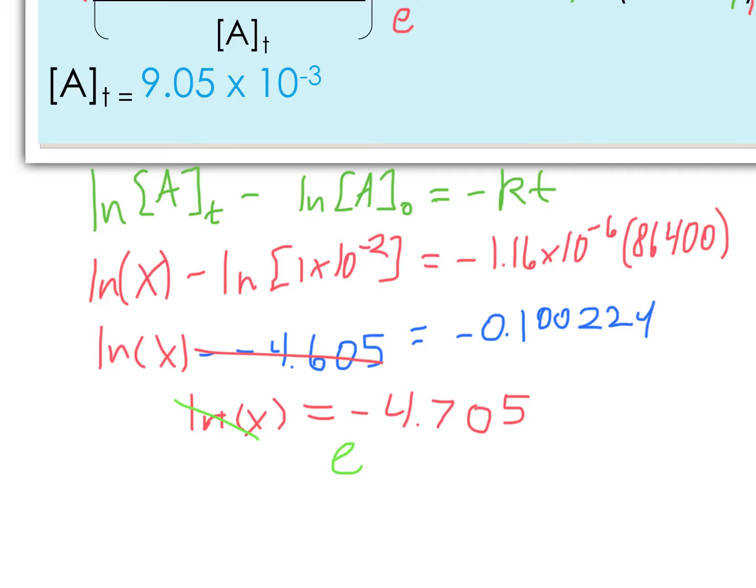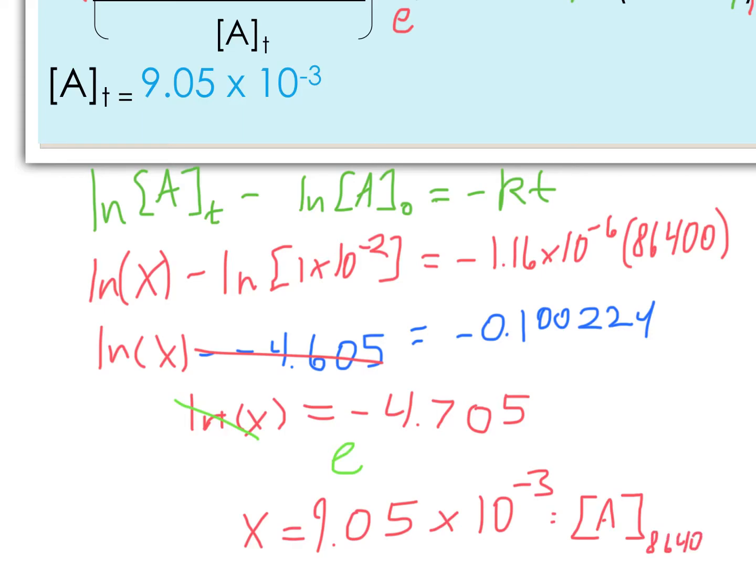And my final answer comes out to be x equals 9.05 times 10 to the negative third, which equals my concentration of the substance at a certain time, the specific time being 86,400 seconds, if I wanted to designate that on the concentration.